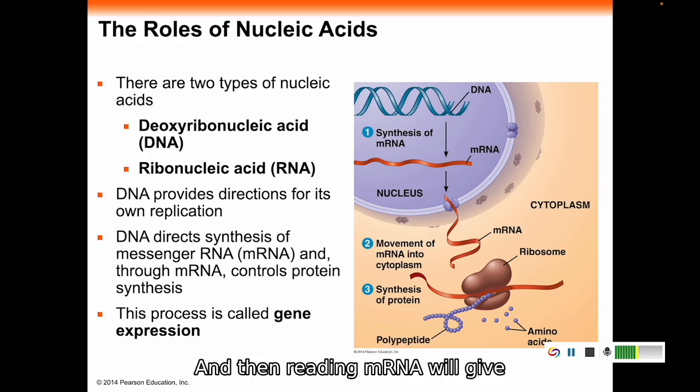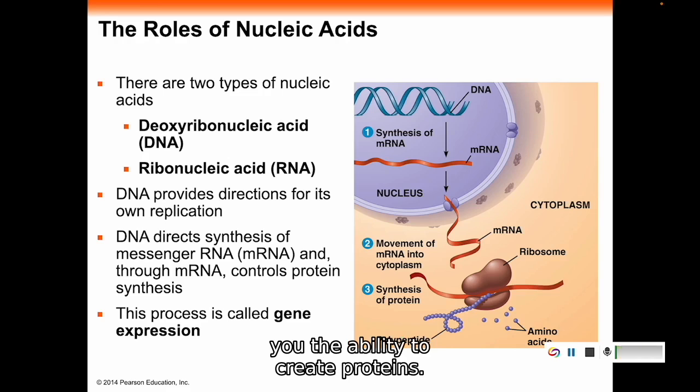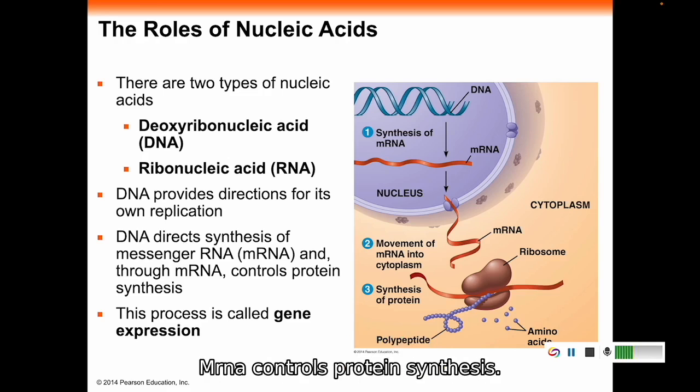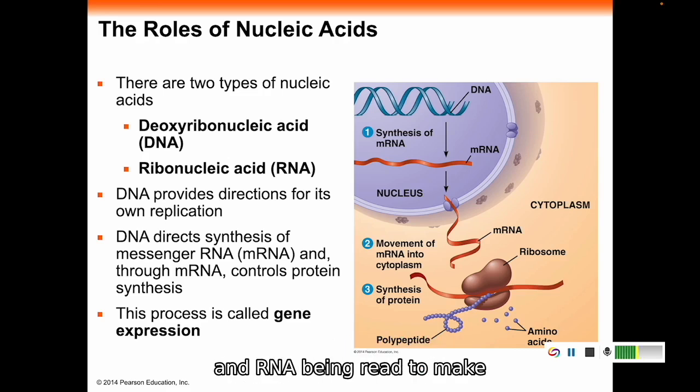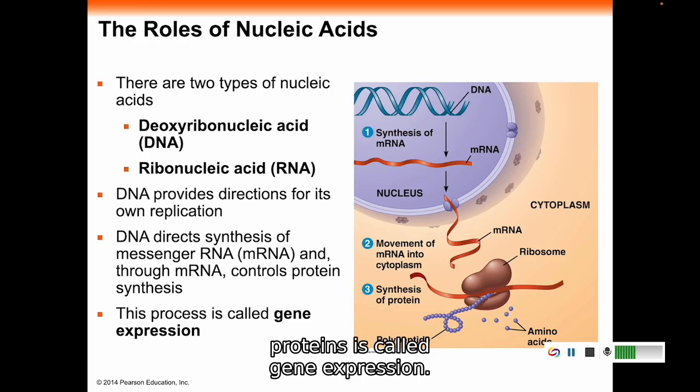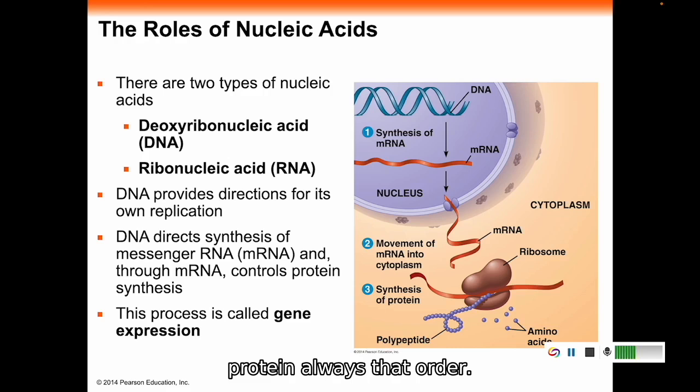And then reading mRNA will give you the ability to create proteins. So mRNA controls protein synthesis. This whole system of DNA being read to make RNA and RNA being read to make proteins is called gene expression. And it always goes in that order. DNA is used as a template for RNA and RNA is used as a template for protein. Always that order.